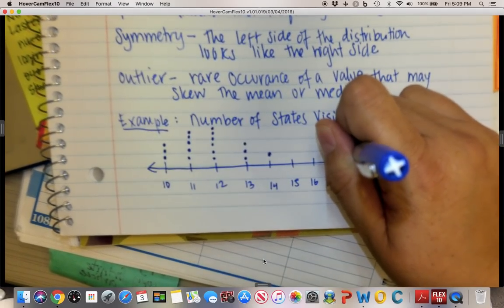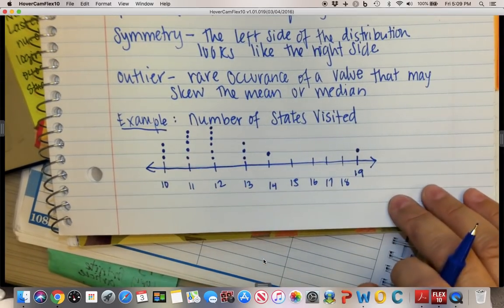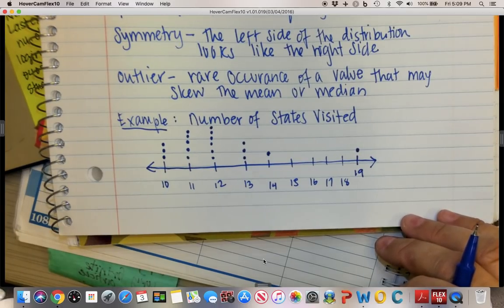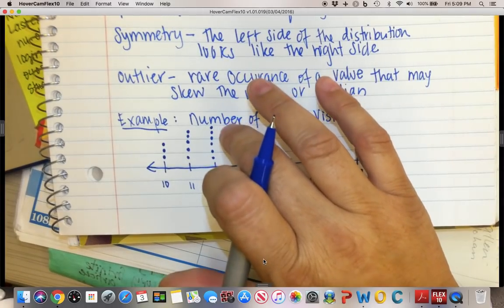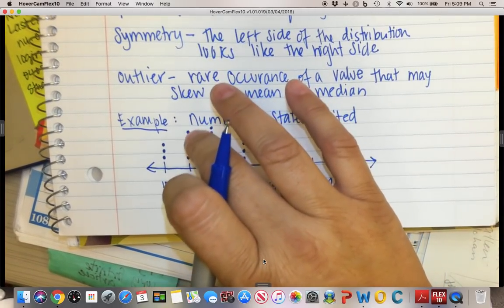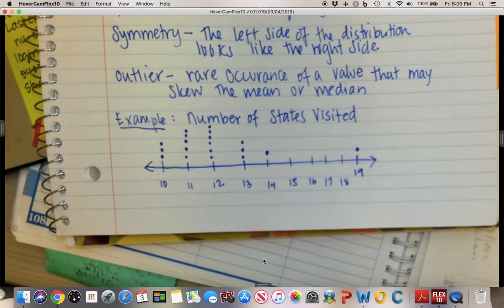And 1 person went to 19 states. So if we count up all the dots, I did say we interviewed 19 people. So let's double check. 1, 2, 3, 4, 5, 6, 7, 8, 9, 10, 11, 12, 13, 14, 15, 16, 17, 18, 19. All right, all 19 people are represented on this chart.